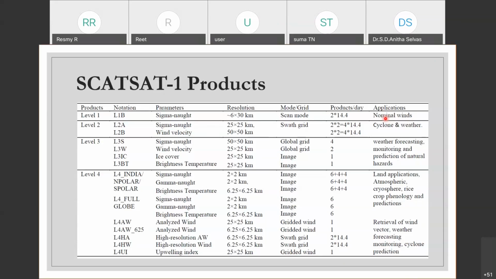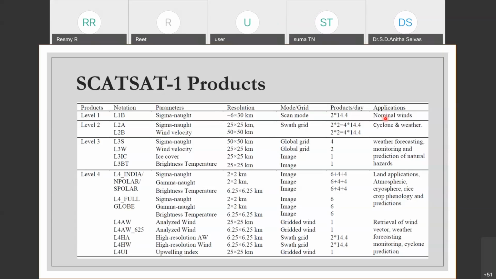And level 4 data, which is enhanced resolution data, is usually used for land applications, atmospheric, cryosphere, rice crop phenology, and different types of predictions. The gridded data also comes at 25 by 25 kilometer resolution for wind speed vectors.